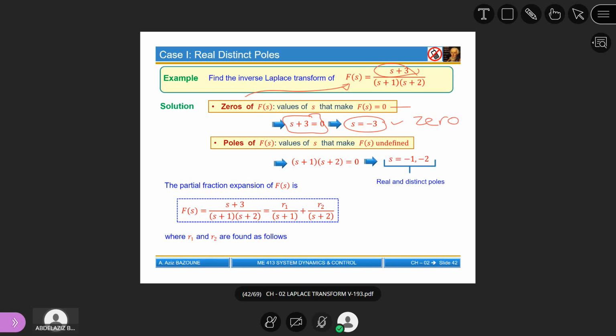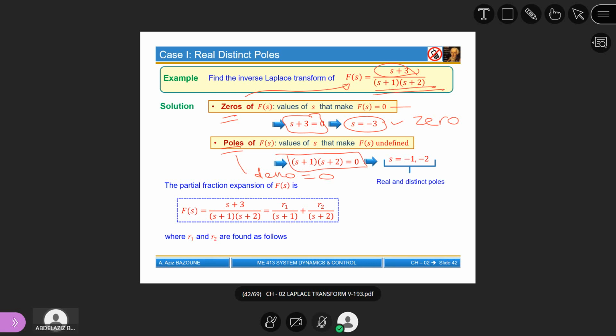Remember, we have poles and we have zeros. The poles of F of s are the values of s that make F of s undefined, or that make the denominator equal to 0. The denominator s plus 1 times s plus 2 is equal to 0 when s is equal to minus 1 and s is equal to minus 2.